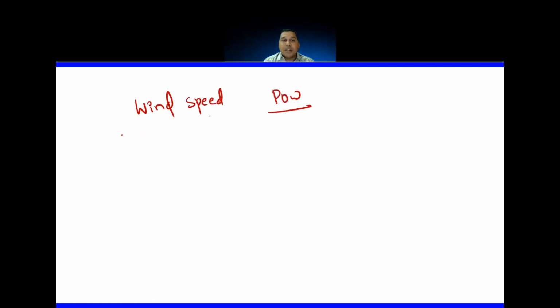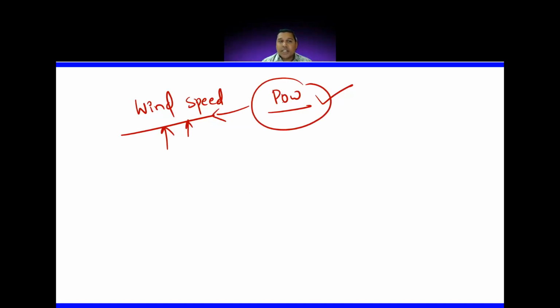We have seen one example. Windmills are there. So, what is the speed of the wind? Given the speed of the wind, how much power will be generated? In that case, the power generation is dependent only on a single variable, wind speed.